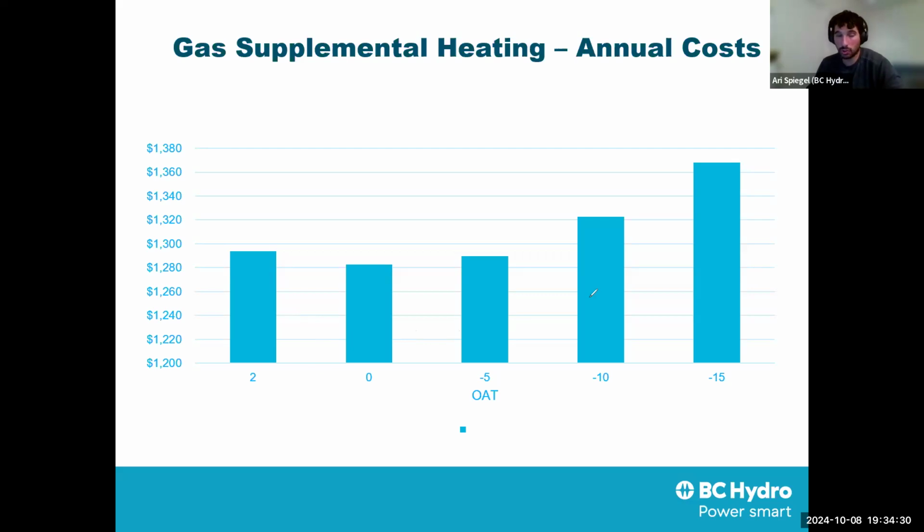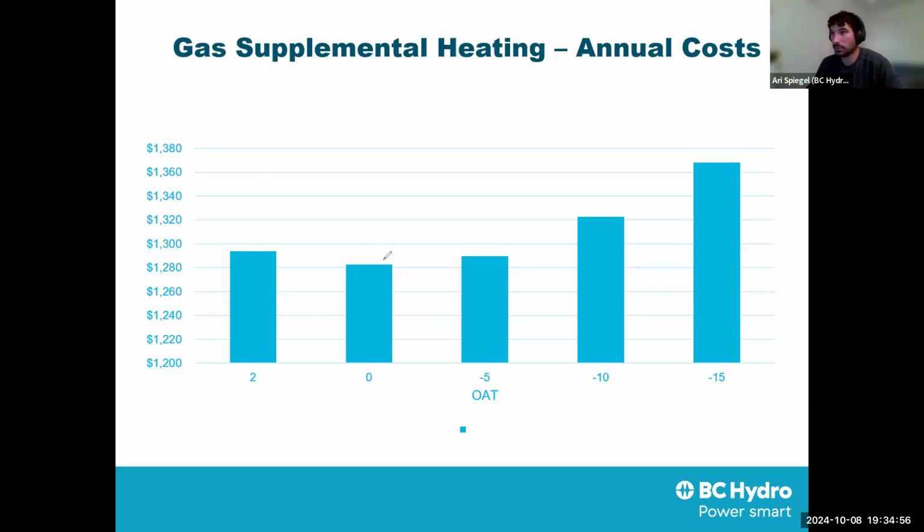As we start getting colder and colder, as we saw on the previous slide in terms of costs, the heat pump starts to lose efficiency. The cost for operating the heat pump goes up. You become more reliant on a higher cost system, so the costs tend to accelerate. Again, it's not a big range. The graph kind of shows it, but this is looking at a total.